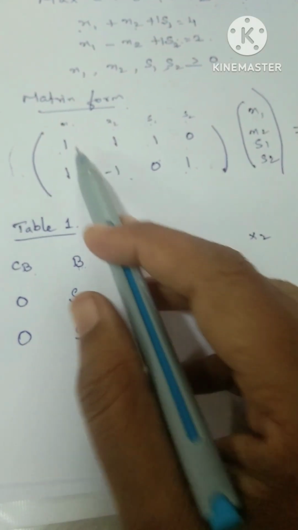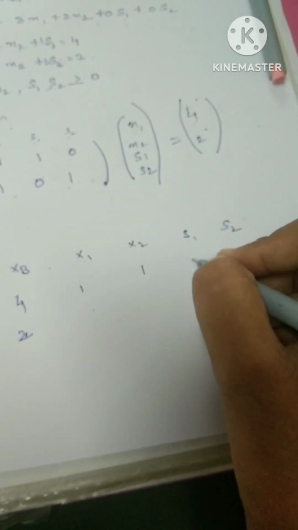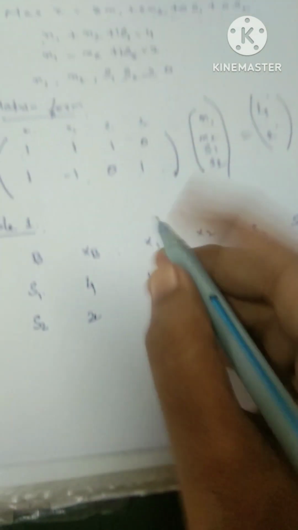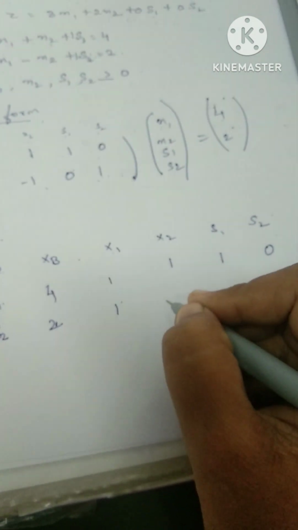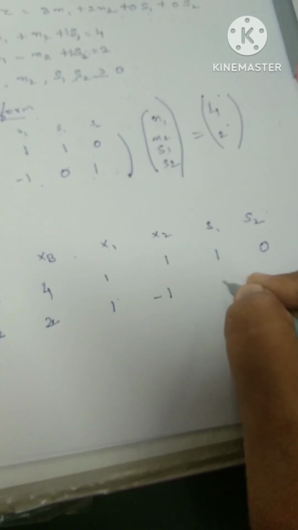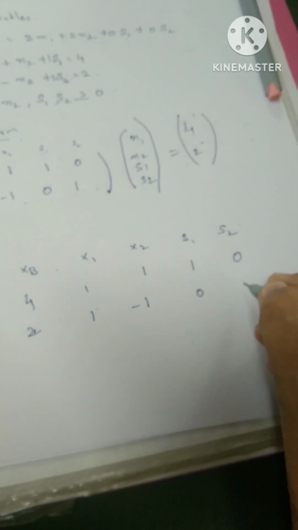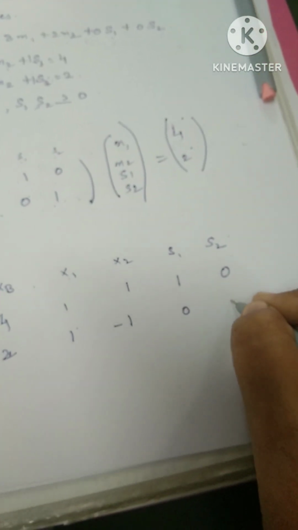So x1 will be 1, x2 will be 1, s1 is 1 and s2 is 0. That is the same thing I mentioned in the matrix. In the second row, x1 is 1, x2 is -1, there is no s1, so I am putting 0, and s2 is 1.